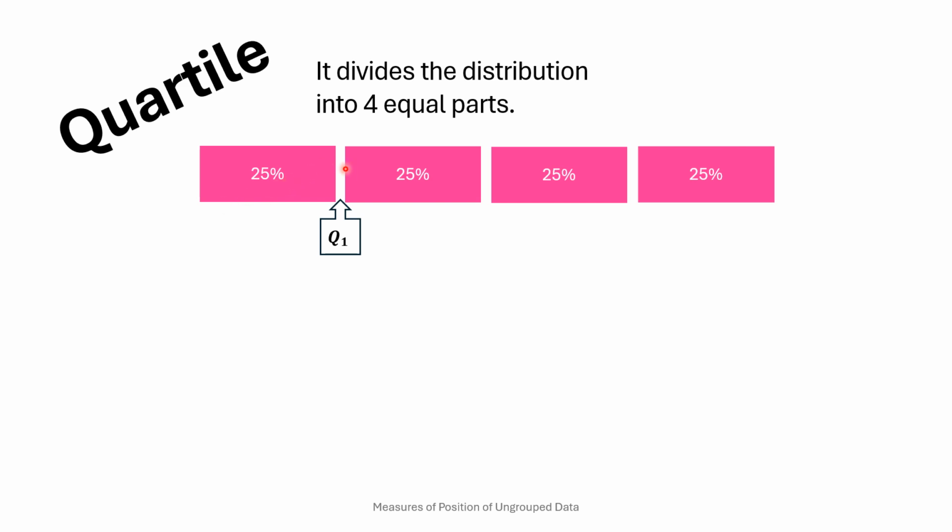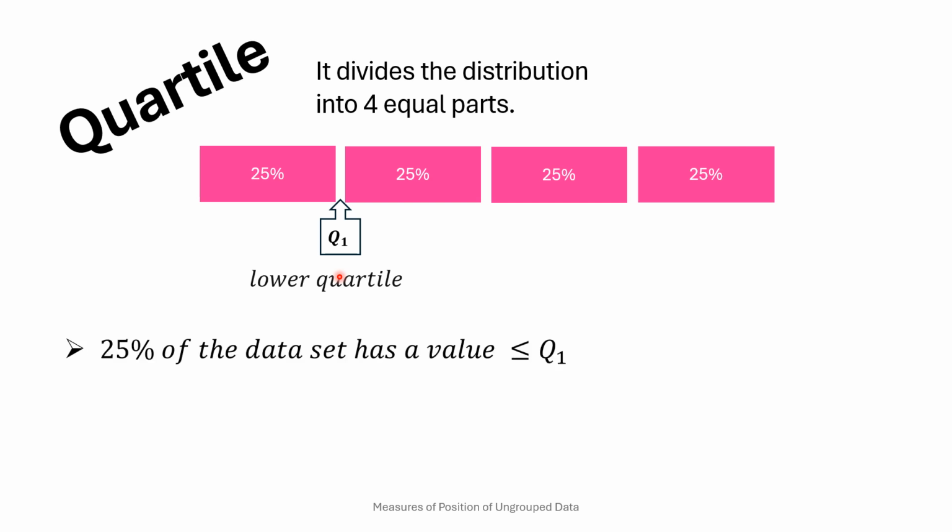This position is called the quartile 1, or the lower quartile, which means 25% of the data set has a value less than or equal to the lower quartile.